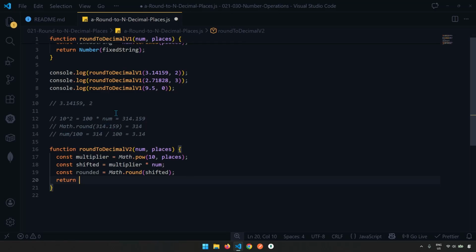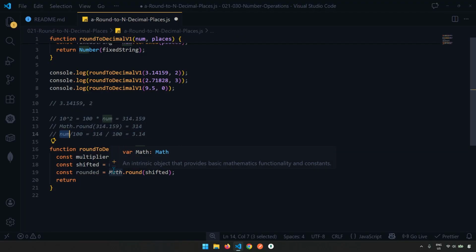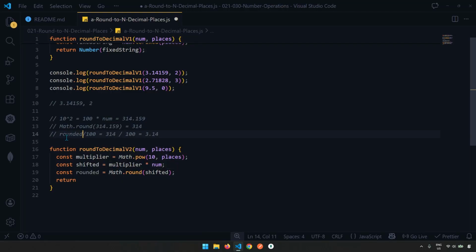So here, when I selected this number, this is not the initial number. The initial number has been changed a couple of times. Now this is rounded. And we select this rounded. Well, I should have said here as well, rounded. We select the rounded divided by 100, which is 314 divided by 100, and we get 3.14.